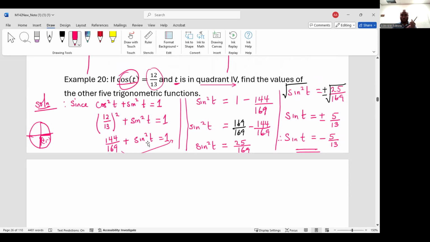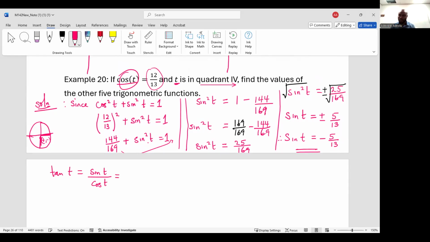That said, now we have cosine, we have sine, right? Now we can go ahead and find tangent, cotangent, secant, and cosecant. So I hope that makes sense. I will save time by not solving all those things, believing you should be able to do it now. For example, tangent of t is sine of t divided by cosine of t.